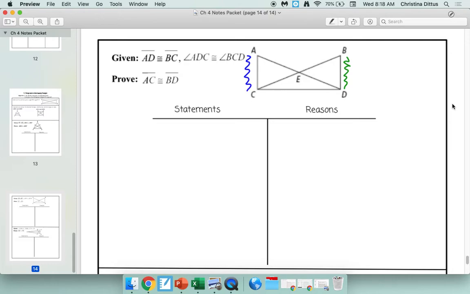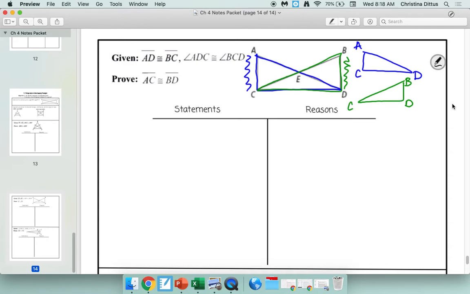Okay, so the triangles we're going to look at: this triangle, so I have ACD. And then I got this triangle, BDC. Alright, what's the first thing I'm putting?